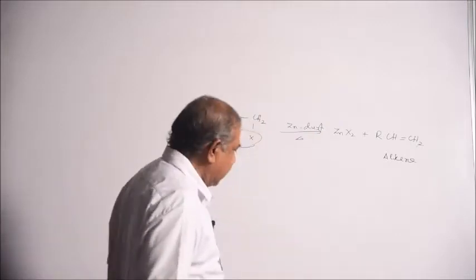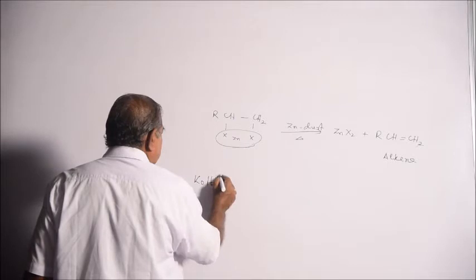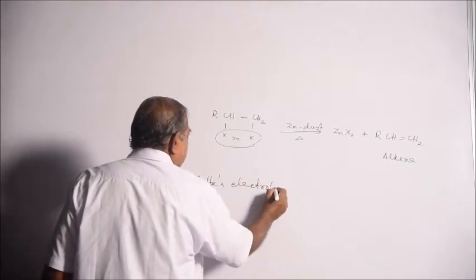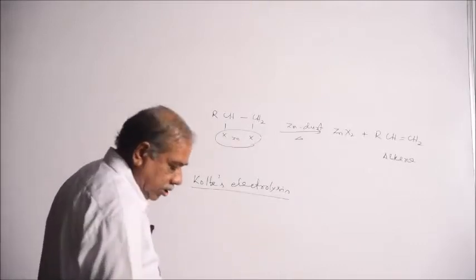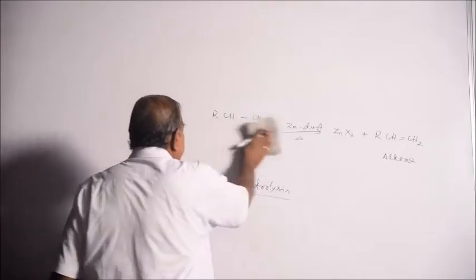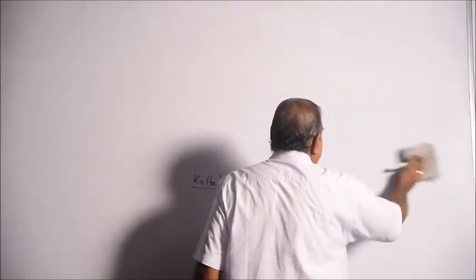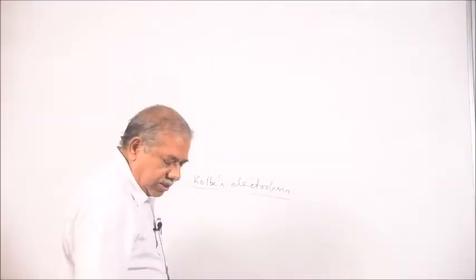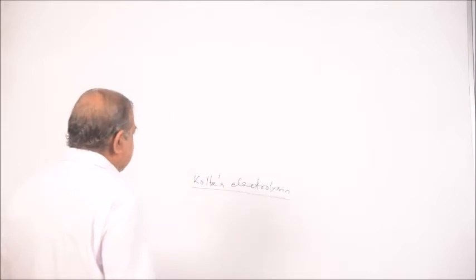Next method is Kolbe's electrolysis. I have told you earlier, Kolbe's electrolysis is a general method for the preparation of alkane, alkene and alkyne. We have already discussed Kolbe's electrolysis in connection with alkanes.